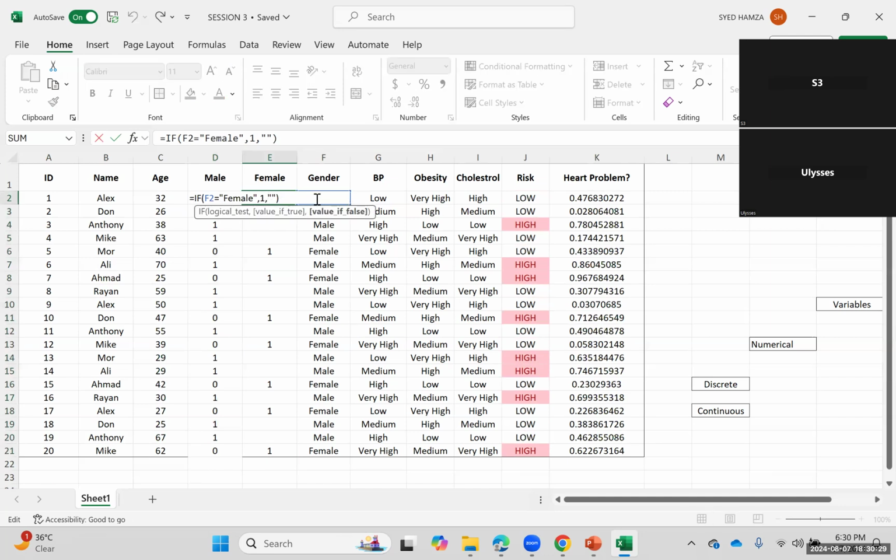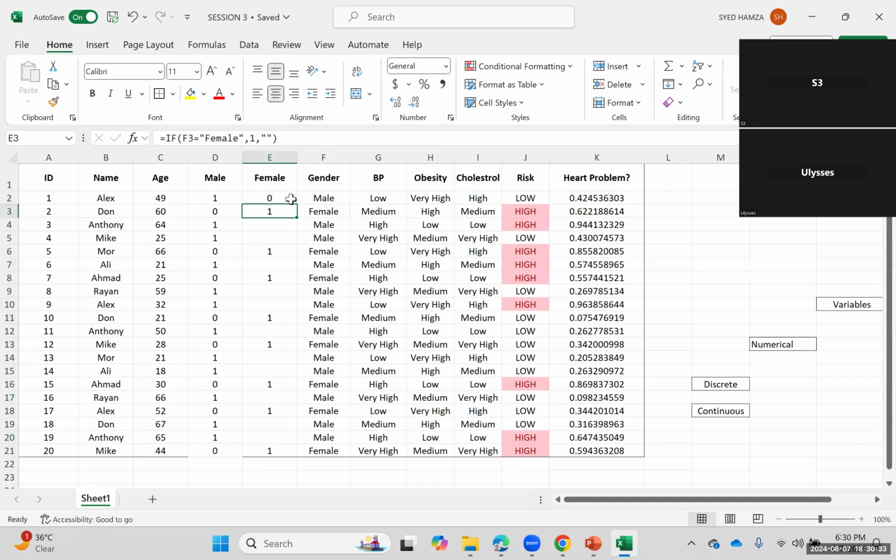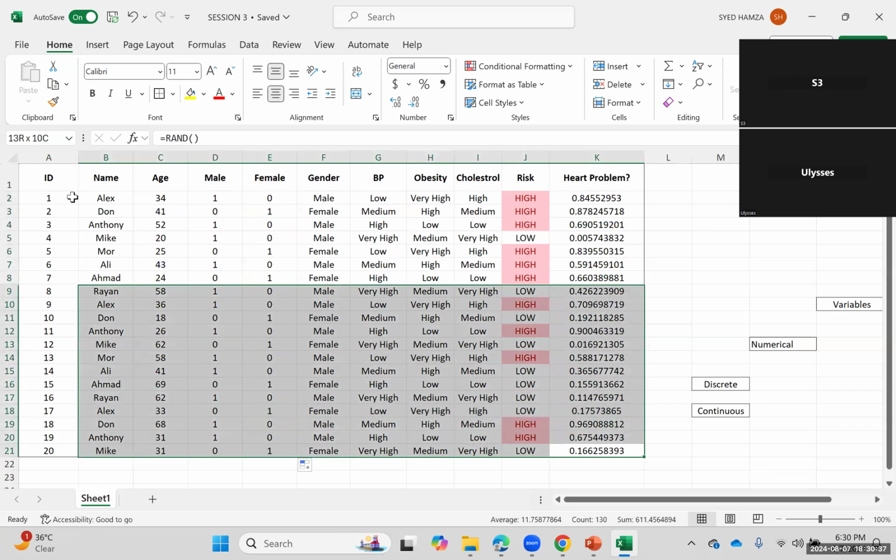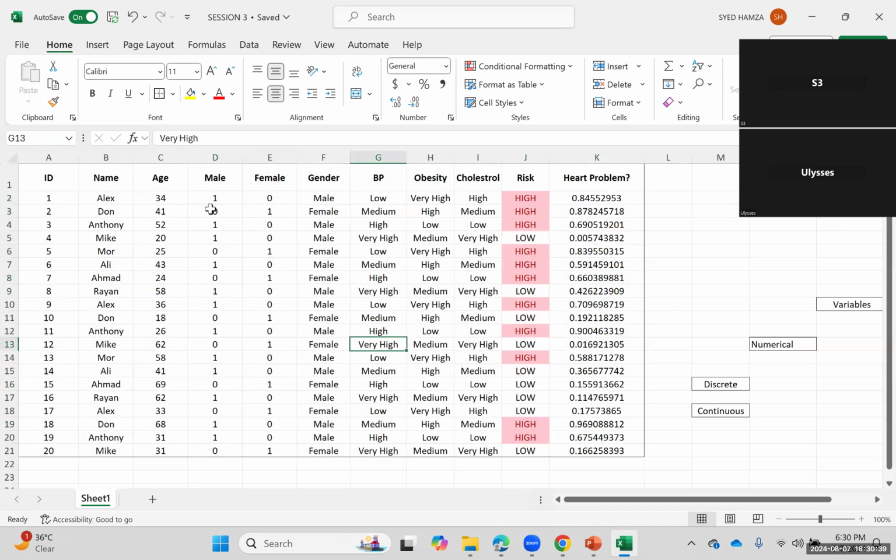Here too, make it 0, and you don't have the problem. So you get 1, it's male, so that's a possibility of 1 value, and that's low. This is how you can convert the nominal value into ordinal value.